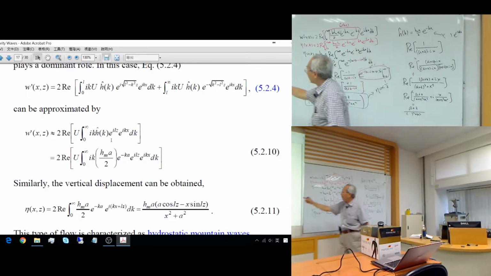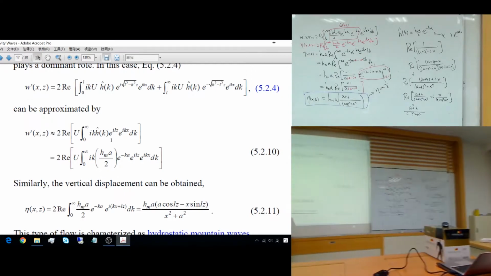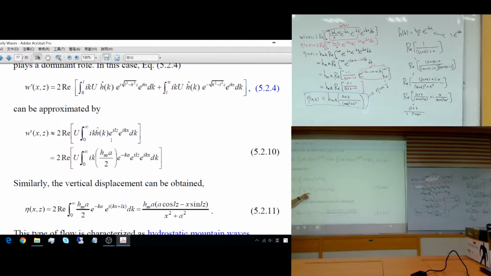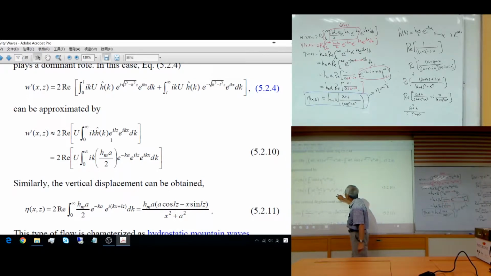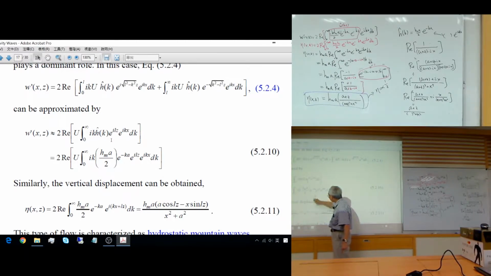We substitute in there. So H_K will be Hm times A divided by 2 times e to the minus Ka, and this is H hat, times e to the minus Lg. Again, we can combine these together and then solve it. We have negative IKA, and these two we can combine because they both have I, so I times Kx plus Lg.